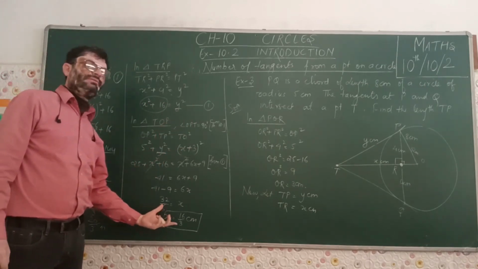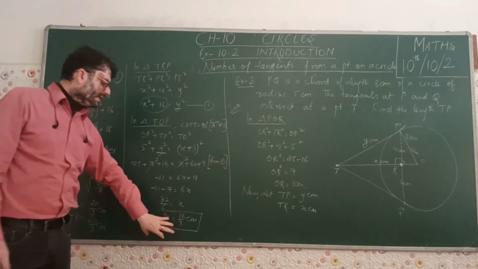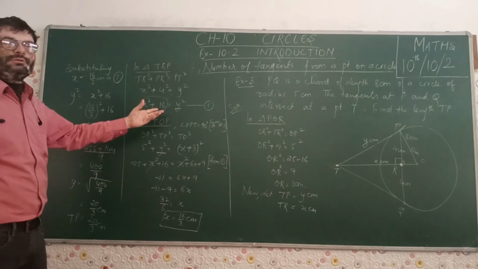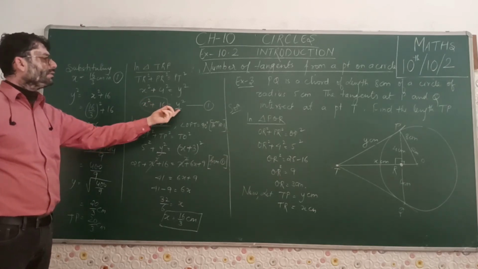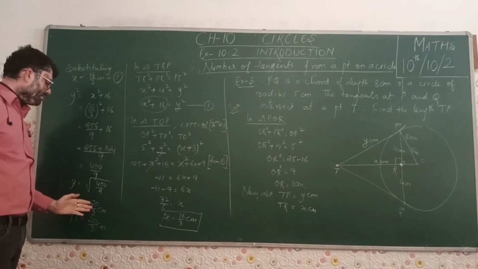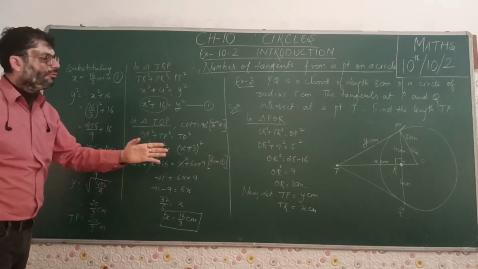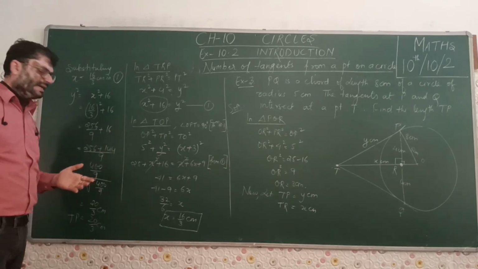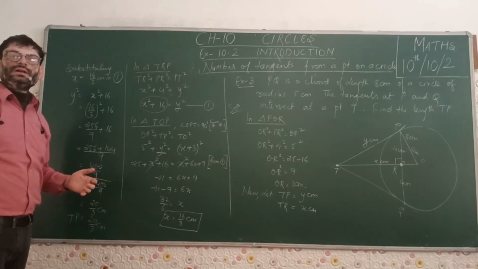We obtained first the value of x. Using that value of x, again we moved back to equation number 1 where there was a comparison between x square and y square. From there we have calculated the value of y to be 20 by 3, and that value of y was our TP that we were looking for, that is TP is equal to 20 by 3 centimeters.